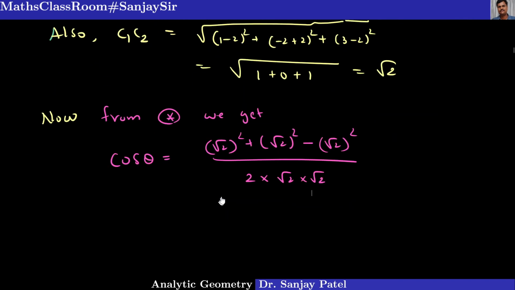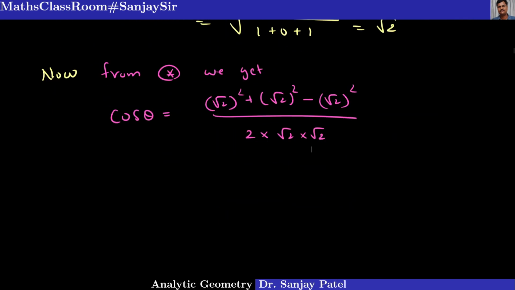So what I will get finally is cos theta equal to 2 plus 2 minus 2, that is 2, upon 2 into 2, that is 4.